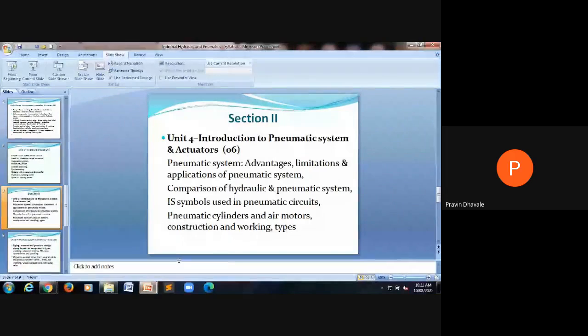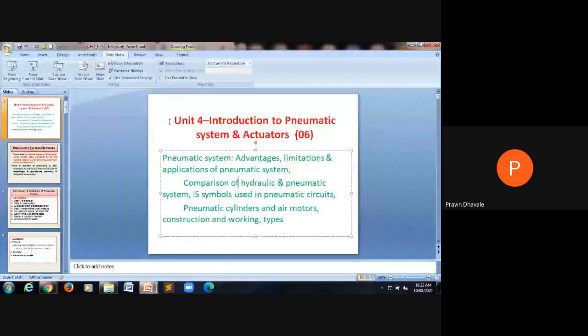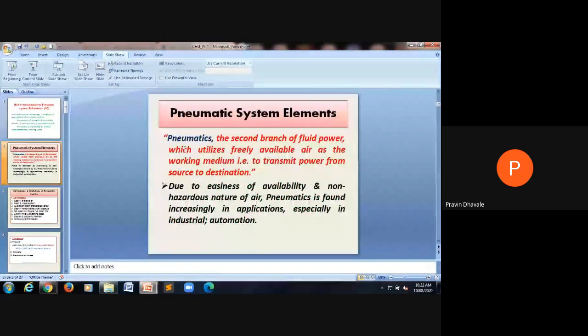So this is the content of our fourth chapter, introduction to pneumatic system and actuators. Now we will go thoroughly through the chapter. Pneumatic system elements is the first point. What is pneumatics? Pneumatics is a branch of fluid power.